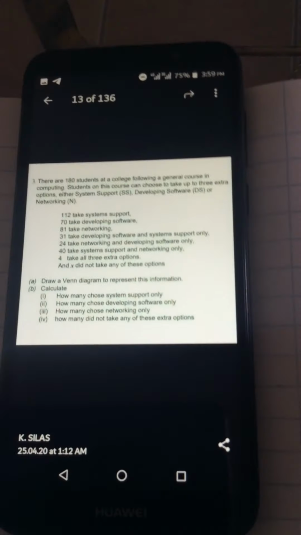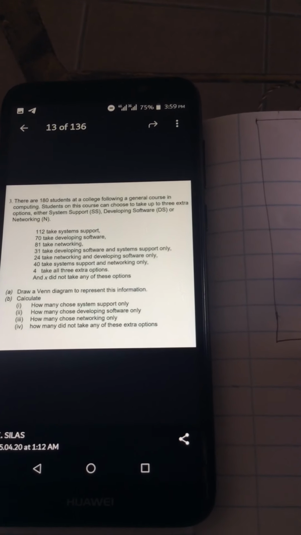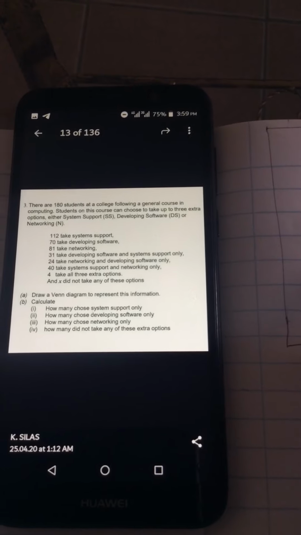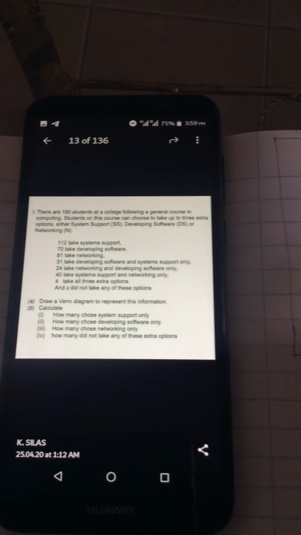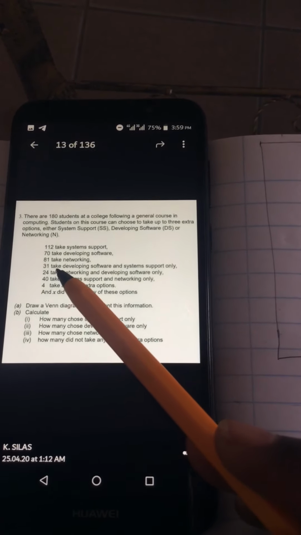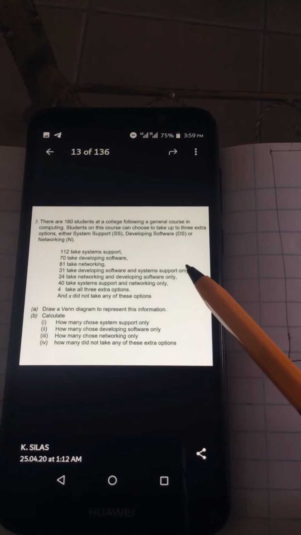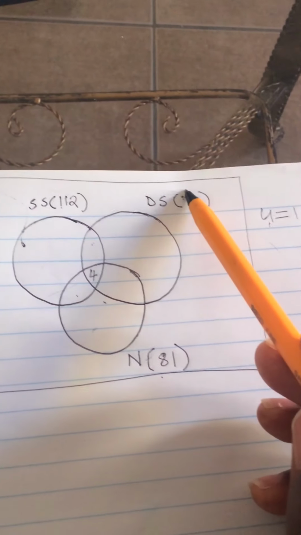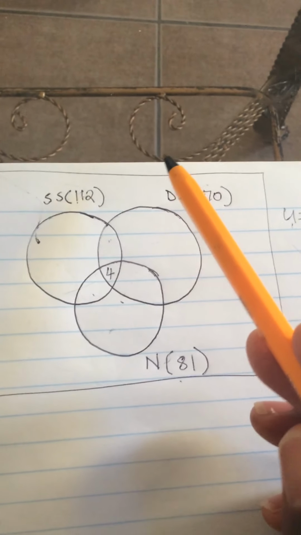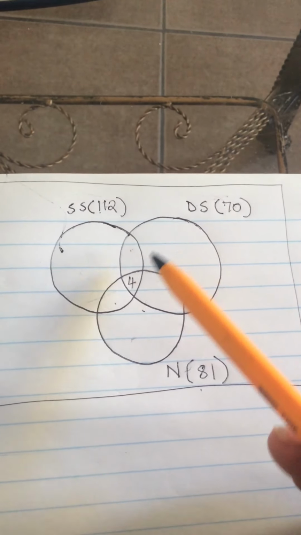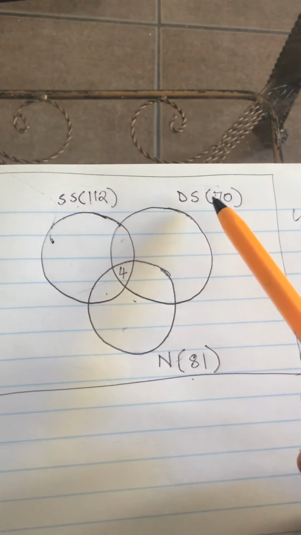So next, we are going to fill in the students that are captioned only. Like here, 31 are taking developing software and system support. They are taking DS and SS only. And you must take note, when they say only, you don't have to subtract.